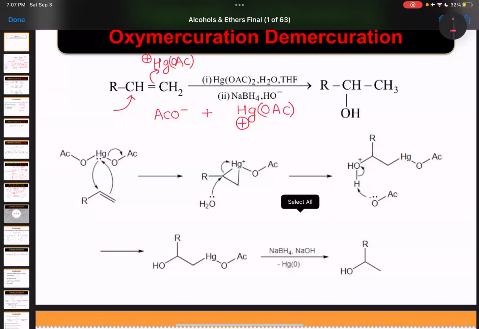What's the reason? Once the mercury attaches itself to the double bond, mercury has a lone pair also.